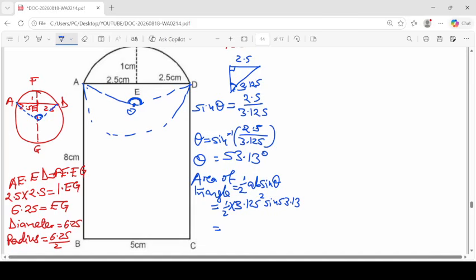This will give you 3.906 square centimeters. That is the area of that triangle AOD.